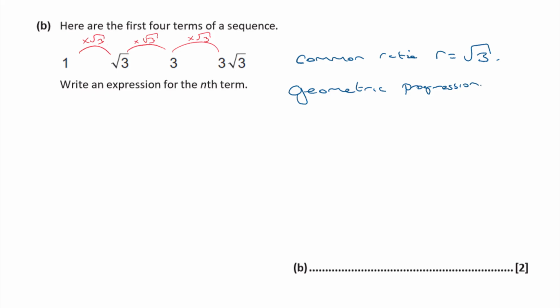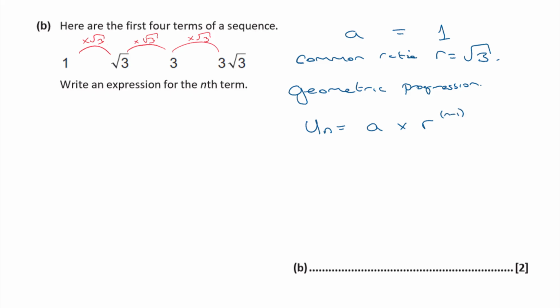Okay, and the nth term of a geometric progression is simply the first term, a. What is the first value? A is 1 times by the common ratio to the power of n minus 1.